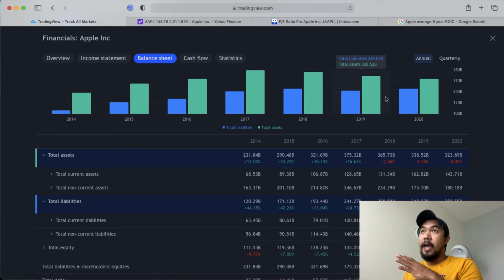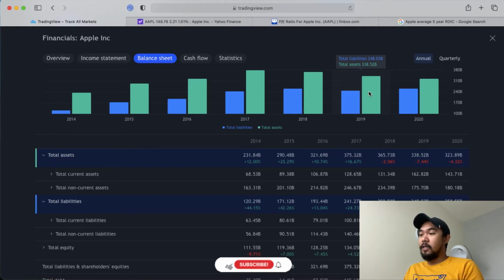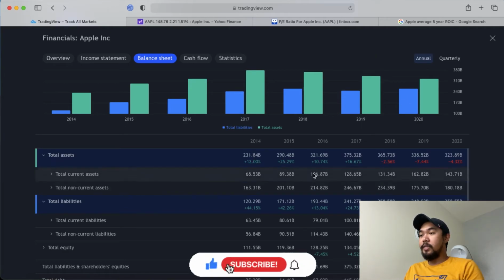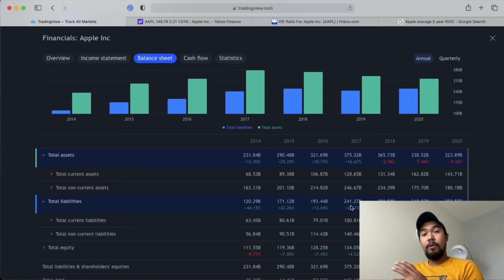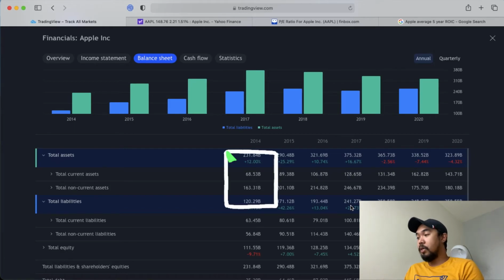That means Apple can pay their liabilities. It would be easier for Apple to not go bankrupt because they can pay off their debts. We can see that in the last 5 years their current assets are more than their current liabilities. So that's a check mark right there.